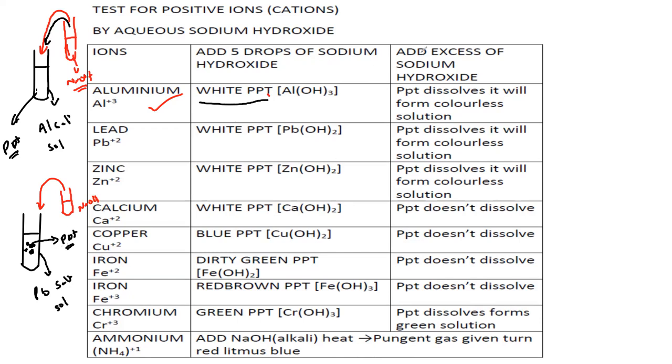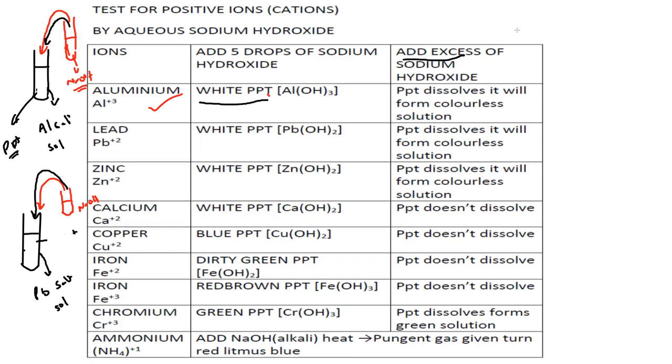But when we add excess, too much, more than enough sodium hydroxide, first we add 5 drops, but now we add too much, we observe for lead as well that the precipitate will dissolve and form a colorless solution.